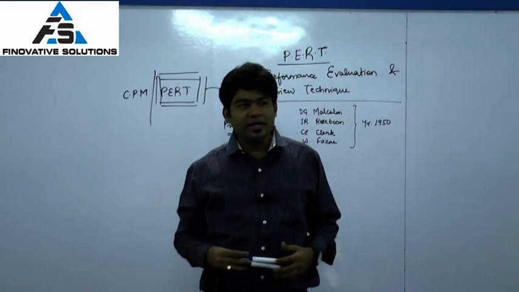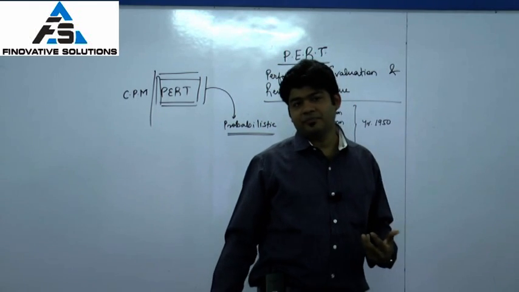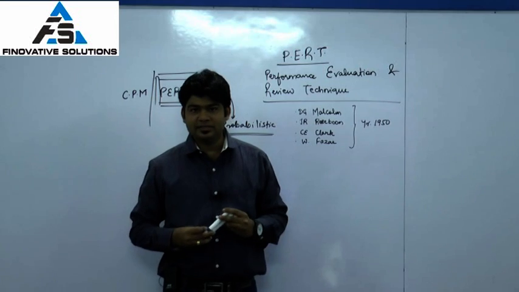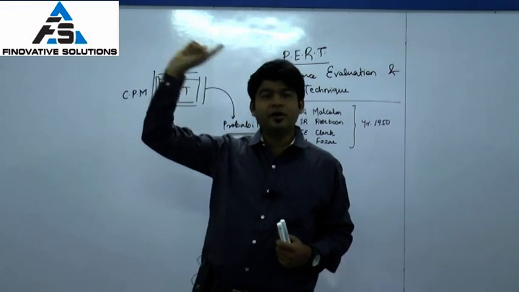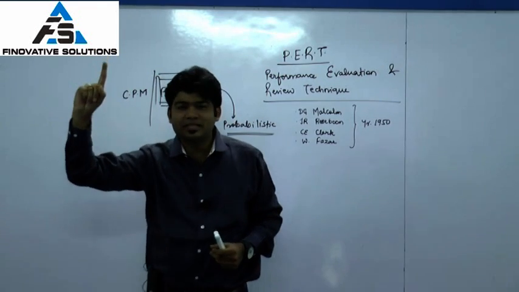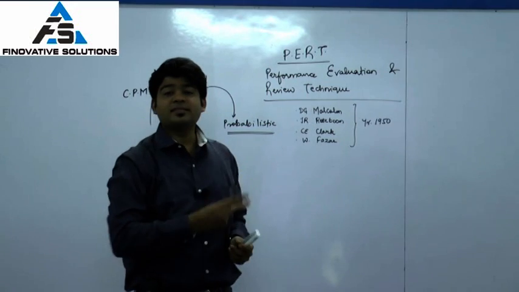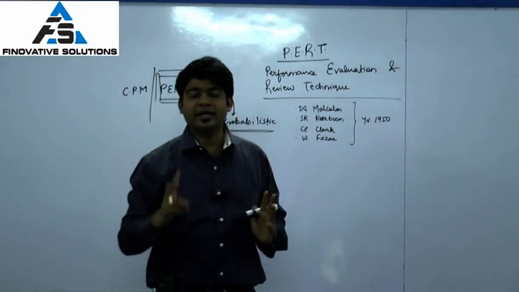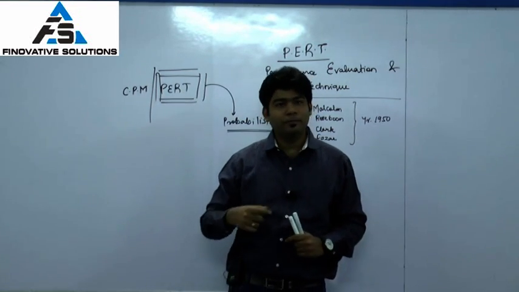There is a probability that my whole portion will be completed in 12 days. There is a probability that my portion will be completed in 8 days. First is the best time estimate, called the optimistic time to complete law. Second, 12 days is called the pessimistic time to complete law. I hope we are understanding. And third, which is 8 days, is the most likely time to complete law.